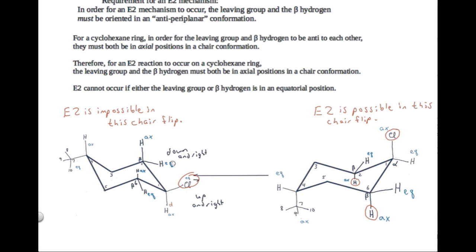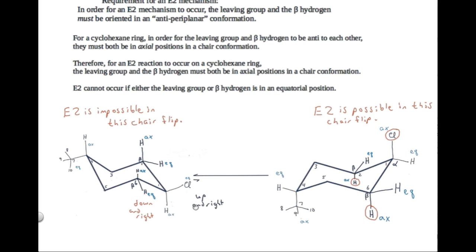So we're just trying to illustrate that for E2, it really is impossible for the chlorine to be anti to a beta hydrogen when the chlorine is in an equatorial position. And you could say the same thing about these hydrogens. Neither of these two hydrogens is exactly anti to this chlorine. Again, the chlorine is pointing up and right. That's clearly not anti to this hydrogen, which is pointing straight up. And this hydrogen is pointing down and right.